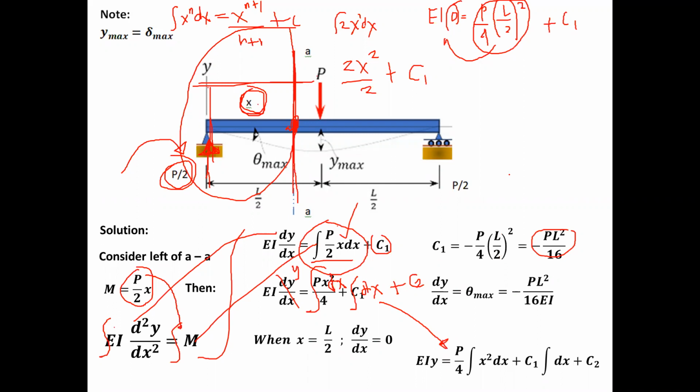Okay? So, let's proceed. Substitution muna tayo. Ano ba ang value ng C sub 1? In this case, hindi ko muna sinubstitute. Dineretso ko muna para hindi tayo mahirapan sa calculation. Okay. Ang integral ng x squared dx is x cubed over 3.